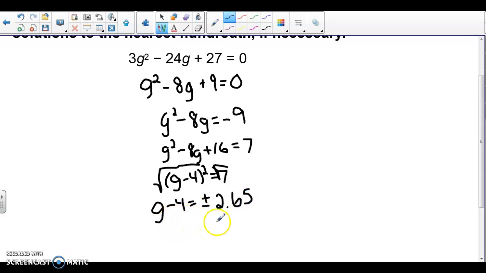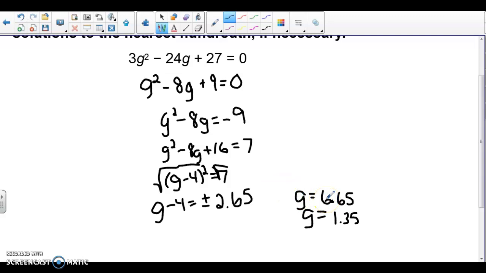And from here I'll just add 4 to both sides to get my answer. So g will equal 6.65, and g will equal 1.35. And these will be our 2 answers.